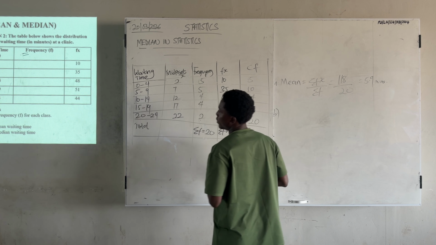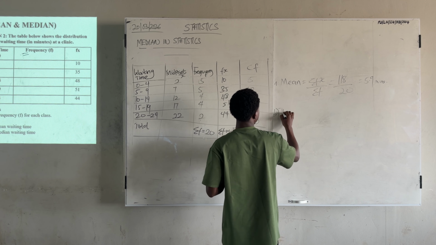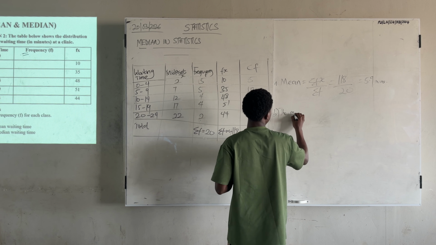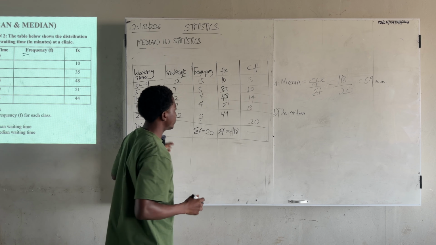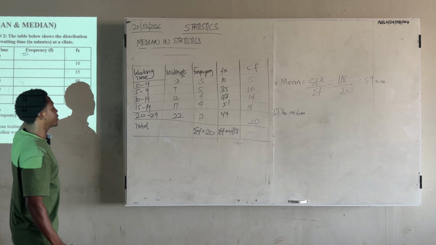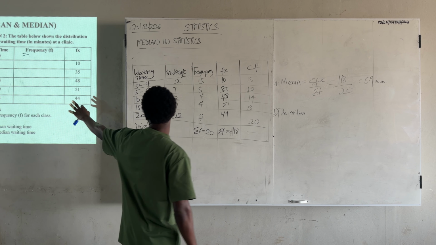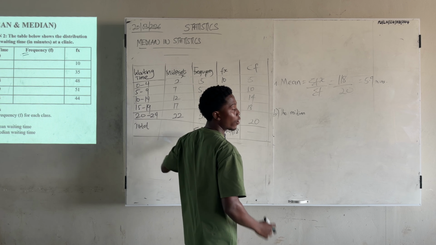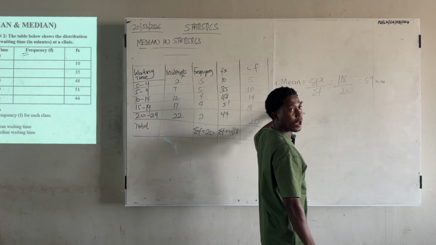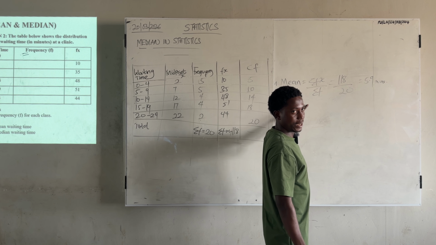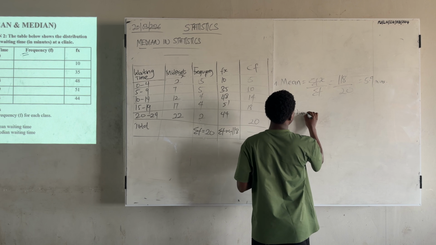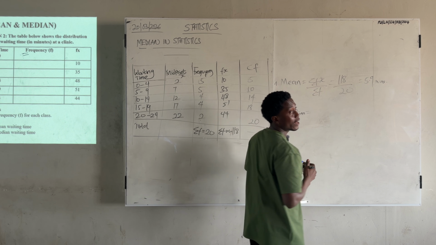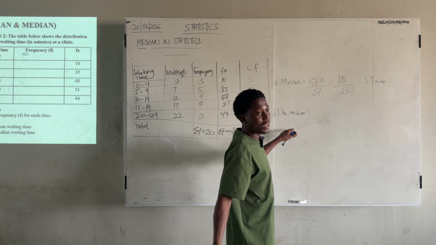And B, the median. Because this is grouped data, we are going to use the formula for grouped median. You first find your median class.